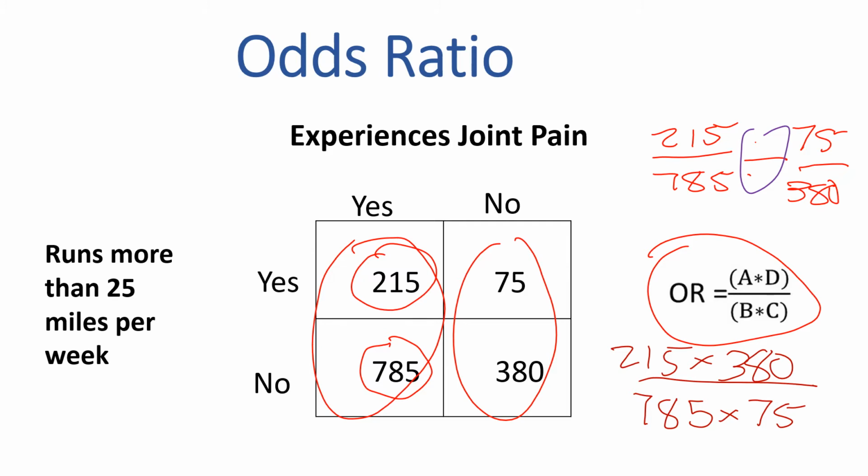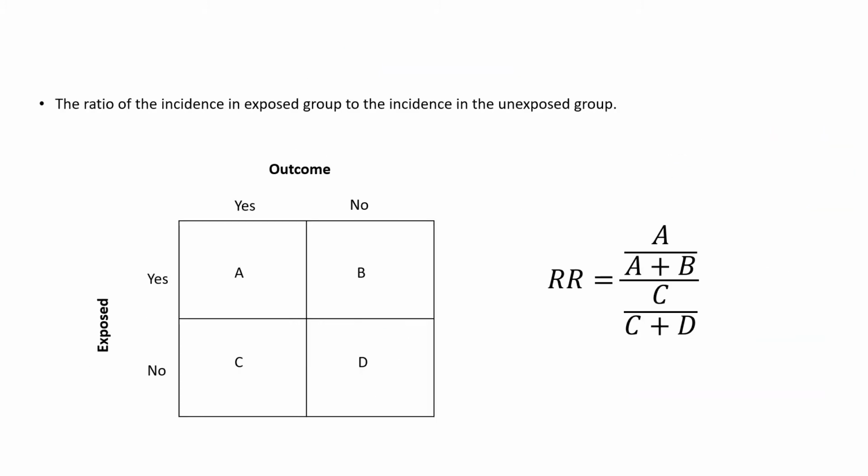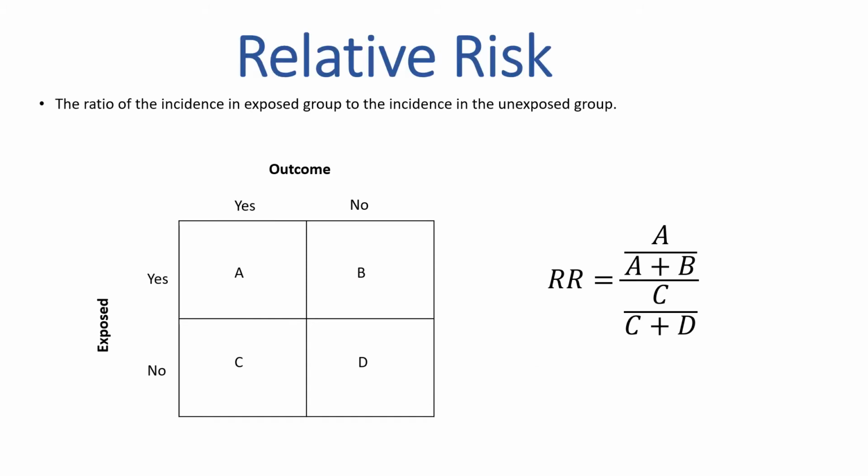That also clarifies how that odds ratio is related to relative risk in the next slide. So with relative risk, what we have is the incidence of disease among the exposed.